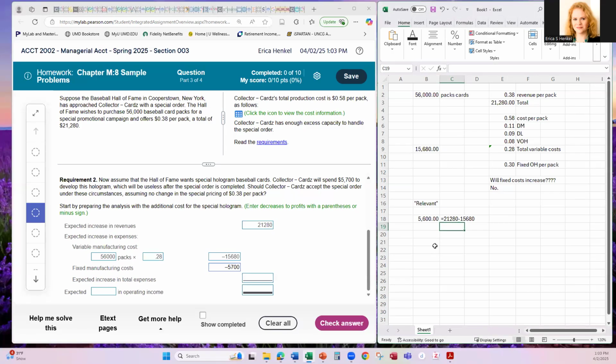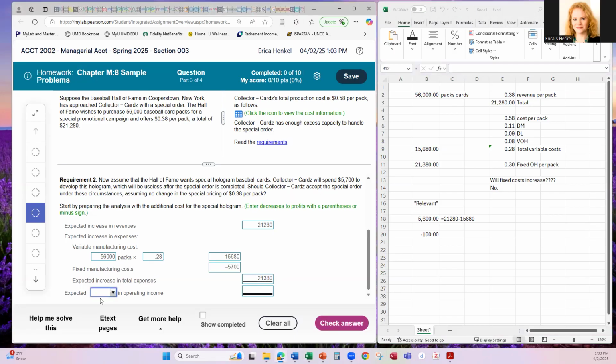So now, though, we have a little different decision here because let's look at this. When we subtract out that additional cost that's associated with this, we end up in the negatives, right? And our costs then end up being 21,380 total.